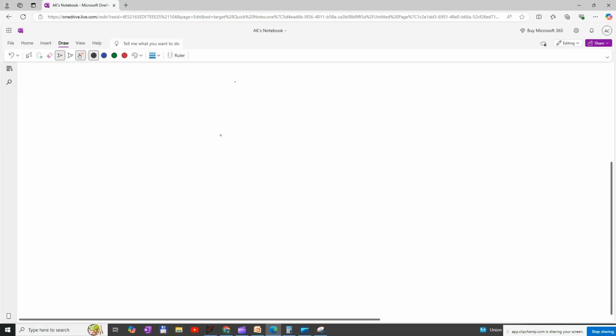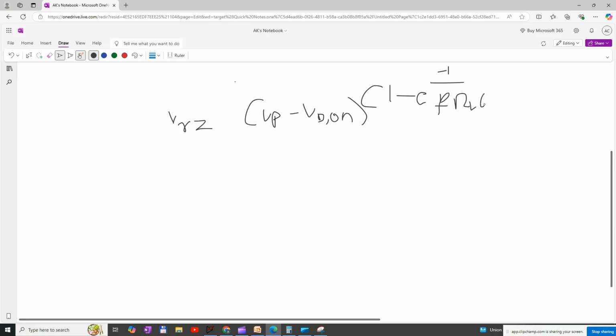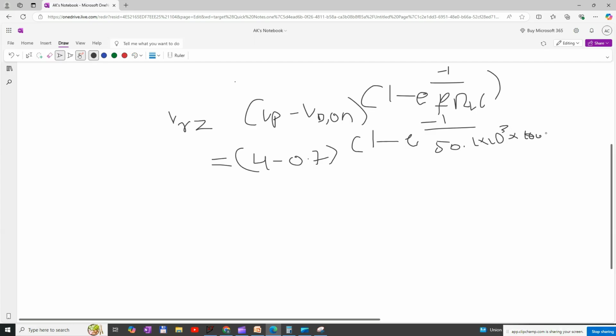For the accurate value, we are going to use this formula. VR is equal to Vp minus Vd on, raised to 1 minus e raised to minus 1 divided by F into RL into C, which is equal to 4 minus 0.7 volt raised to 1 minus e raised to minus 1 divided by 50 Hz into 1 kilo ohm into 100 microfarad.